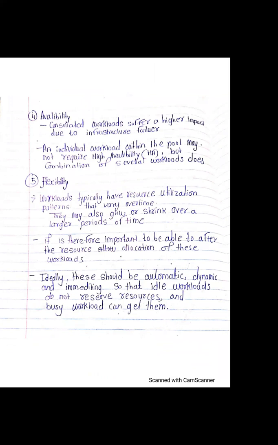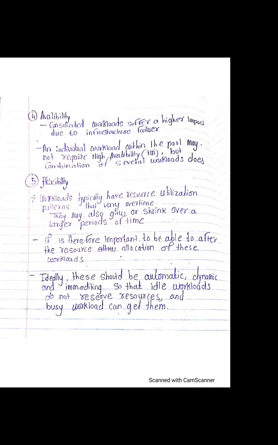An individual workload within the pool may not require high availability, but the combination of several workloads does. If only a single user is using the single piece of hardware, there is no concept of high availability, because all resources are used by one person. मतलब अगर single system one person द्वारा use की जा रही है, so there is no concept of high availability. Okay, then flexibility.